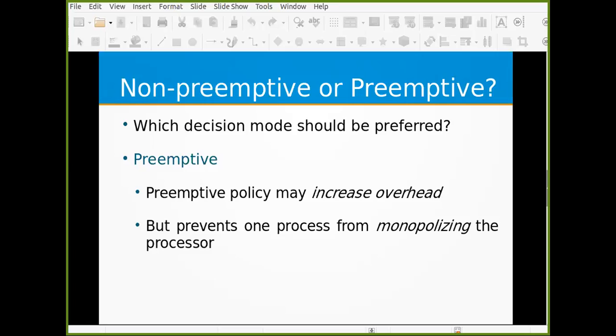Which decision mode should be preferred? Preemptive. Why? A preemptive policy may increase overhead. That is a problem, because every few milliseconds or microseconds you are going to switch the process, which is a very heavy job in terms of computing and processor wastage. But it prevents one process from monopolizing the processor.